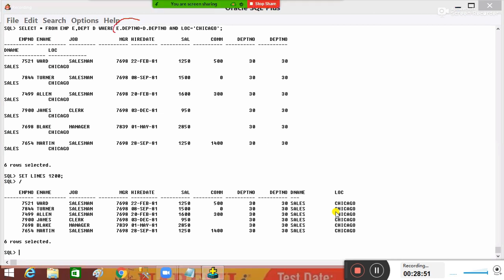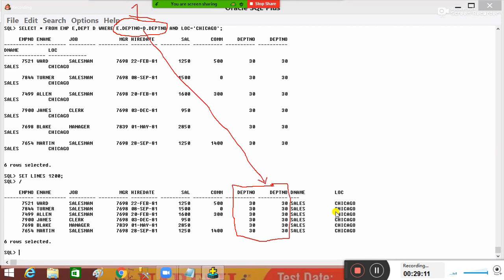This is your first condition, where E.DEPTNO equals D.DEPTNO. This is condition number one. Is this condition satisfied by these six employees? Yes, the six employees are satisfied.